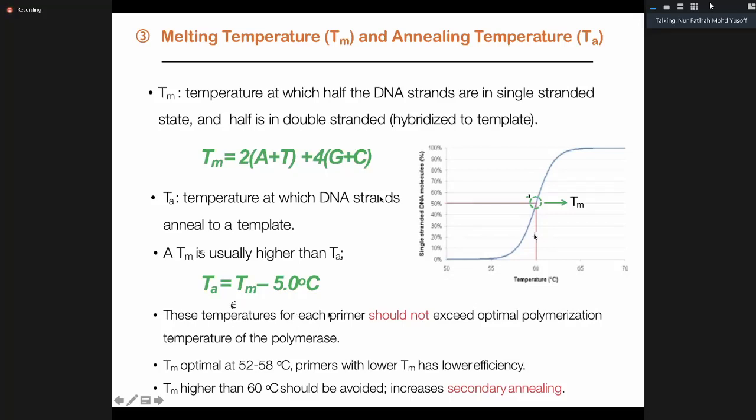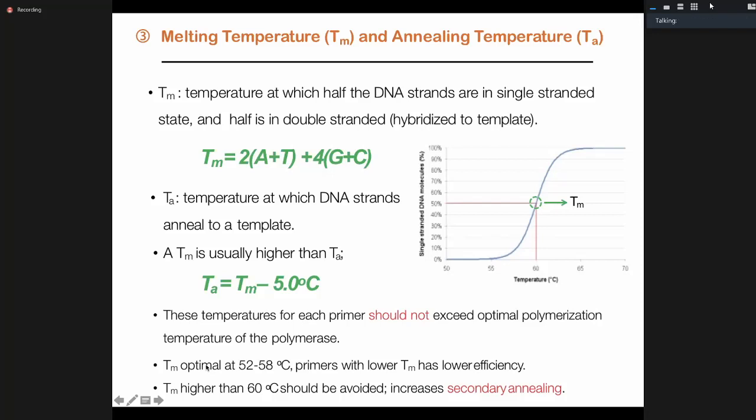These temperatures for each primer should not exceed the optimal polymerization temperature of the polymerase. Usually the polymerase does the polymerization at 72 degrees, so make sure the melting temperature or the annealing temperature is not higher than 72 degrees.